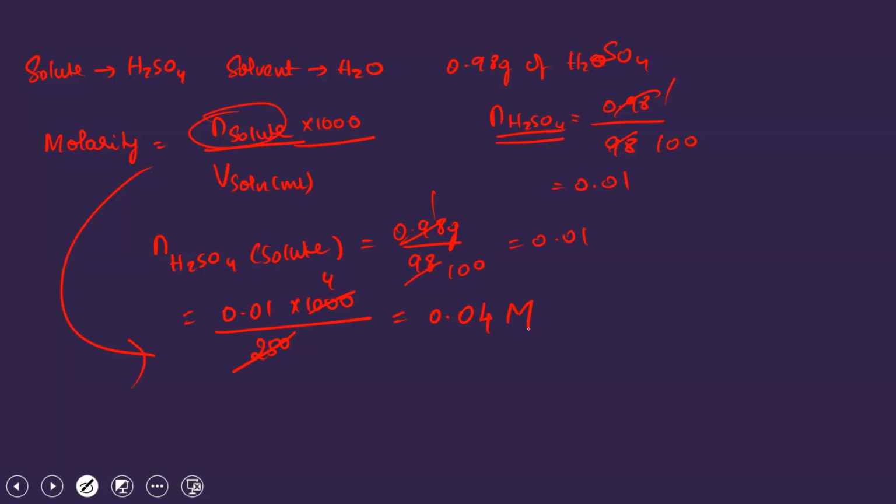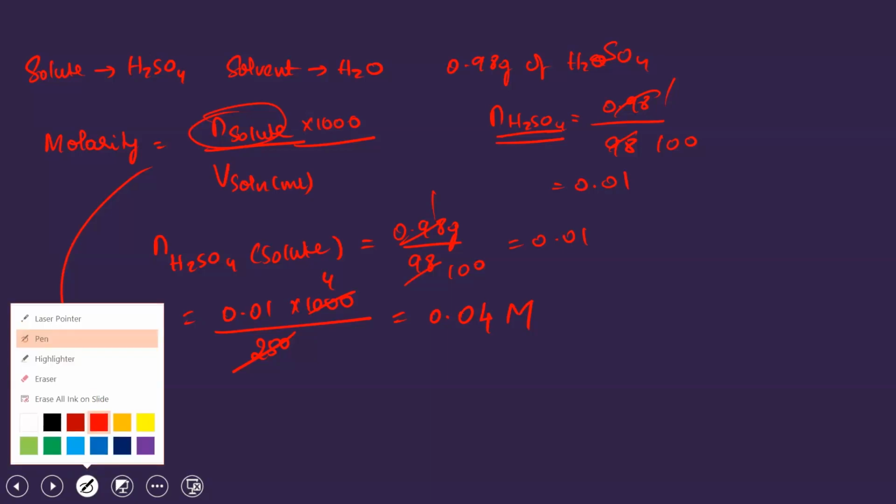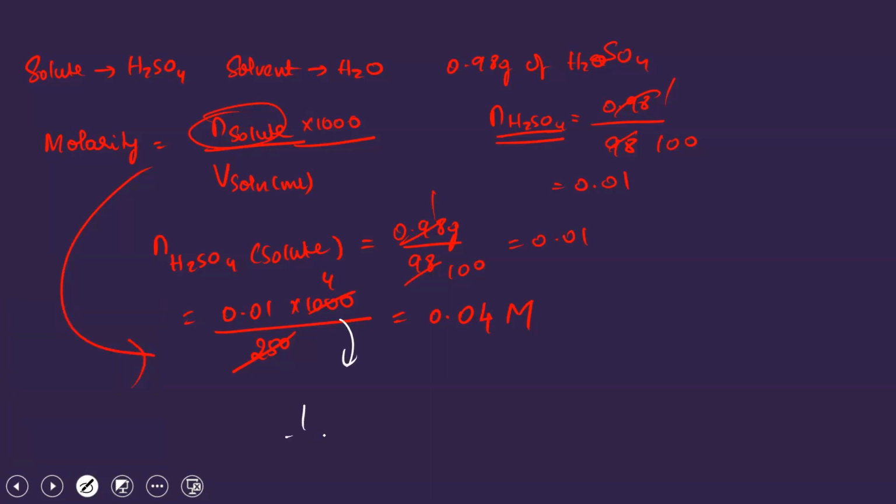Number of moles, what did you get? 1 by 100, which is 0.01. The same question if I am just doing it as 1 by 100, number of moles of solute into 1000 into 250. 1 by 25, what is it? 0.04. 1 divided by 25.